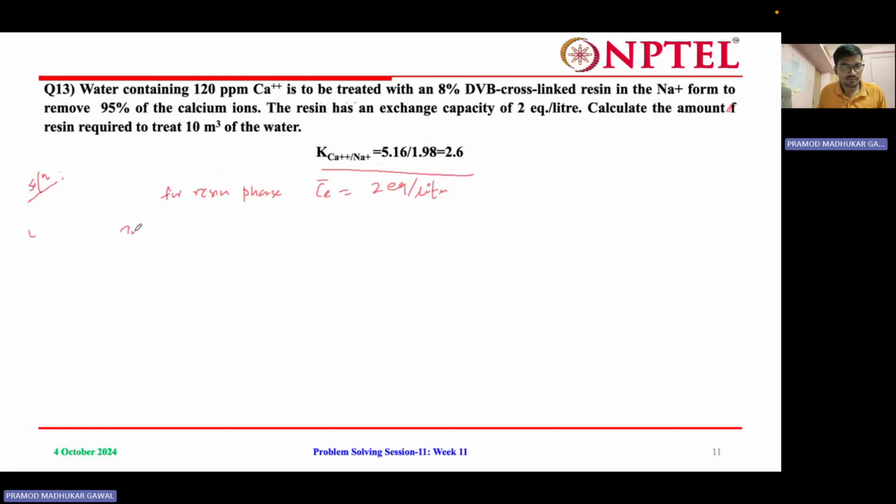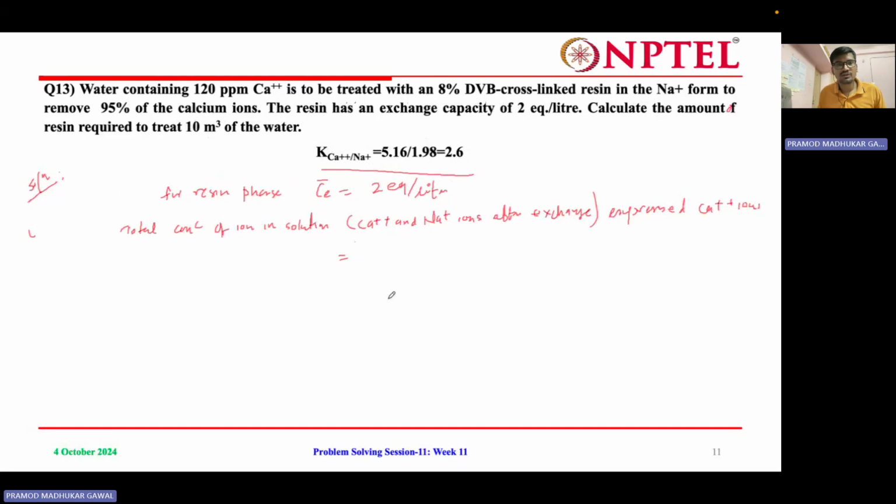Now the total concentration of ions in solution, Ca2+ and Na+, after exchange, expressed as Ca2+ ions, equal to 120 ppm, right?